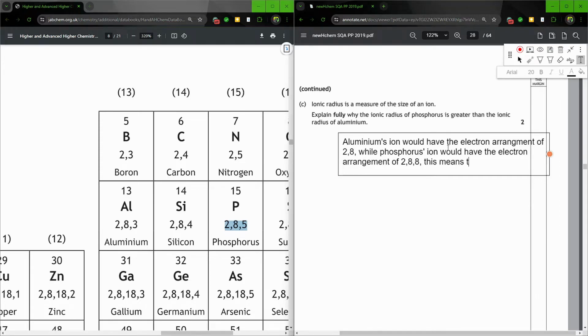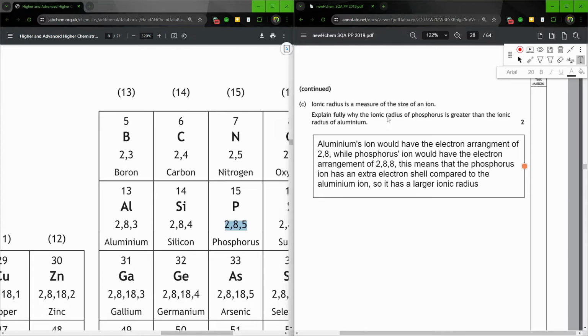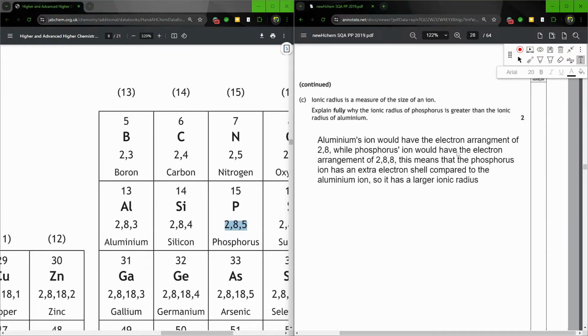This means that the phosphorus ion has an extra electron shell compared to the aluminium ion, so it has a larger ionic radius. There we go, that should do it.